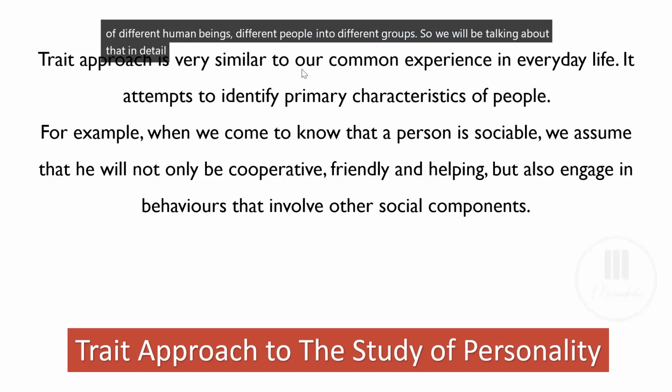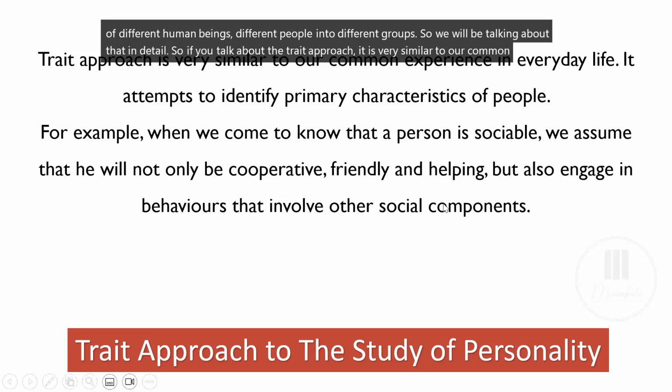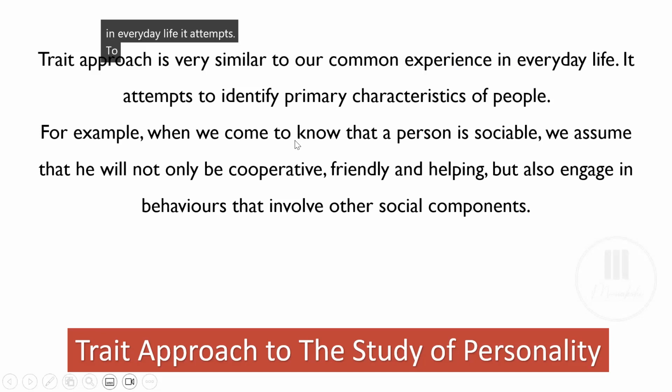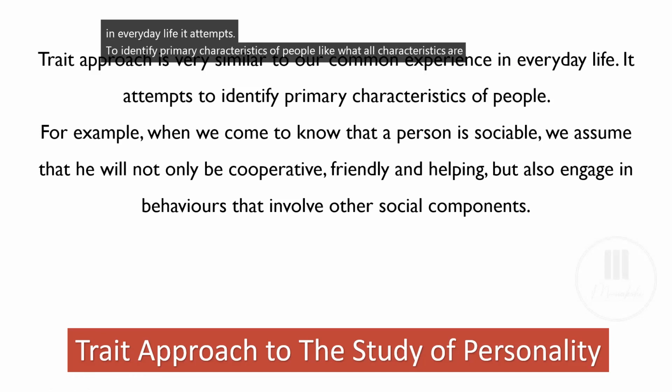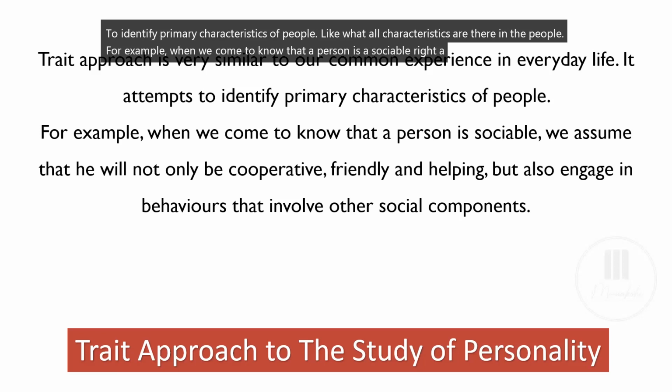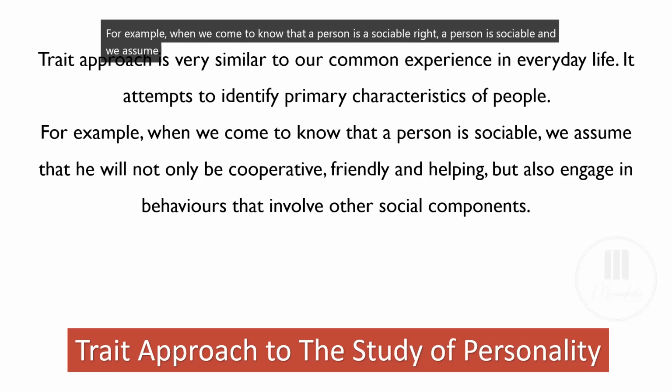The trait approach is very similar to our common experience in everyday life. It attempts to identify primary characteristics of people, like what all characteristics are there in people. For example, when we come to know that a person is sociable, we assume that he will be cooperative, friendly, and helping, and also engage in behaviors that involve social components.